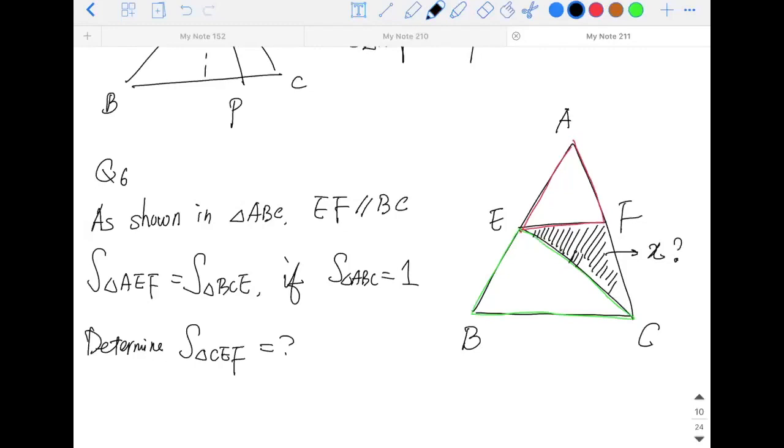As a common practice, if you ask me to determine the area of something, I'm just going to let it be X to make my life easier.